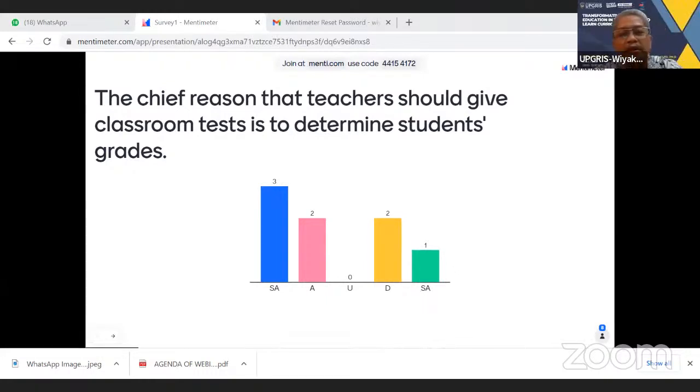Okay, so there are some audience here, some people in this conference, responding to the first question of the assessment statement. The chief reason that teachers should give classroom tests is to determine students' grades. You can choose whether you strongly agree with the statement, agree, are uncertain, disagree, or strongly disagree.